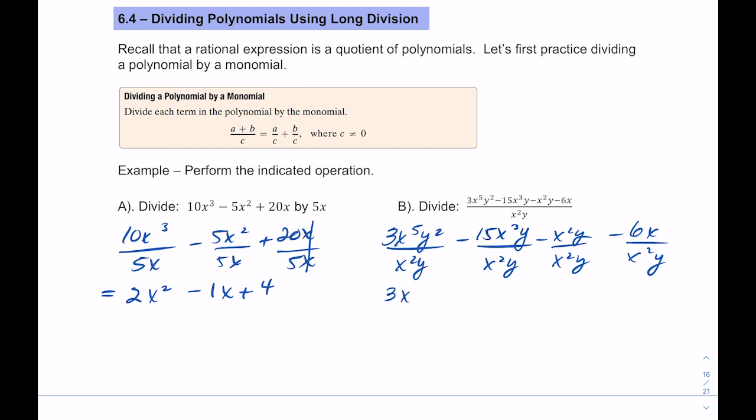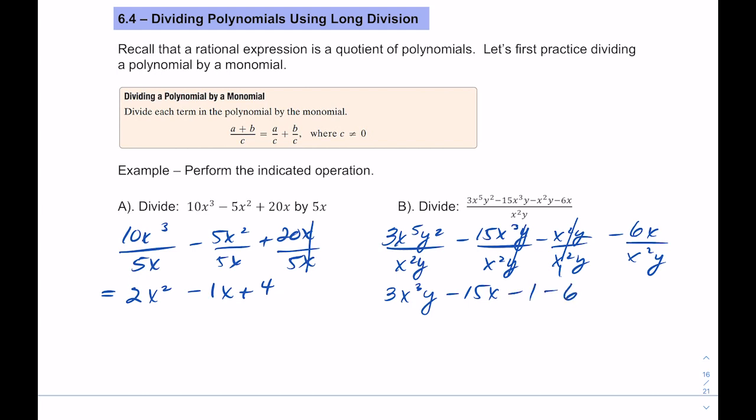X to the 5th divided by x squared is x cubed. Y squared divided by y is y. Minus 15 divided by 1 is negative 15. X cubed divided by x squared is x. Y divided by y goes away. X squared divided by x squared is 1. And negative 6 divided by 1 is negative 6.